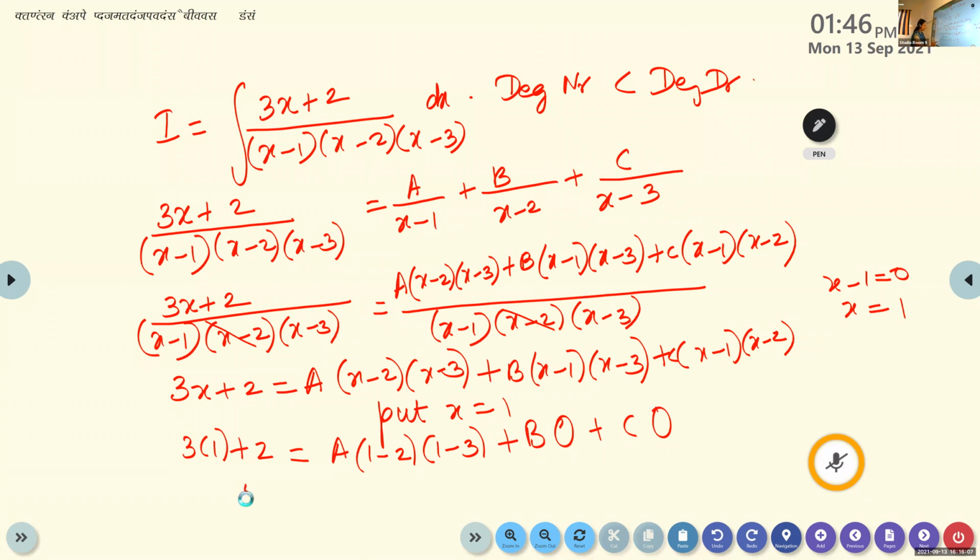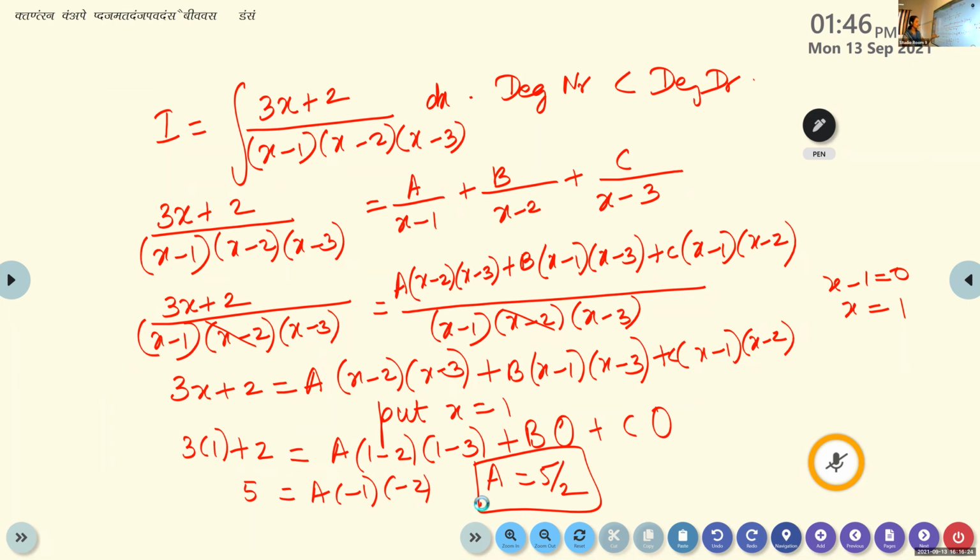So we'll get 5 is equal to A into minus 1 into minus 2. Therefore, A is 5 by 2. Is it okay? The value of A is 5 by 2.